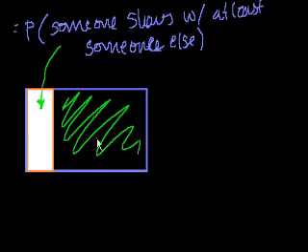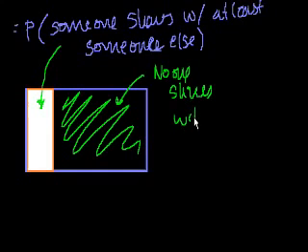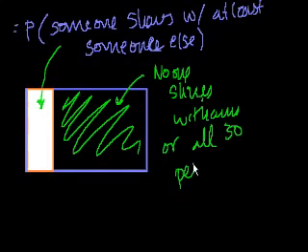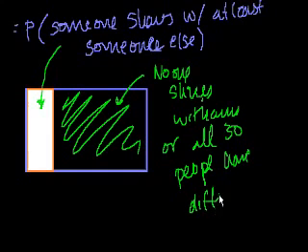What's this green area? Well, that means if these are all the cases where someone shares a birthday with someone else, these are all the area where no one shares a birthday with anyone. No one shares with anyone. Or you could say all 30 people have different birthdays. Right?